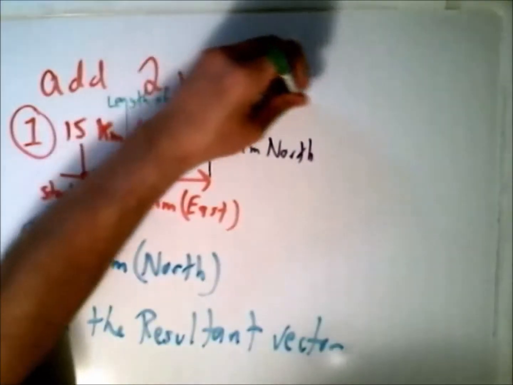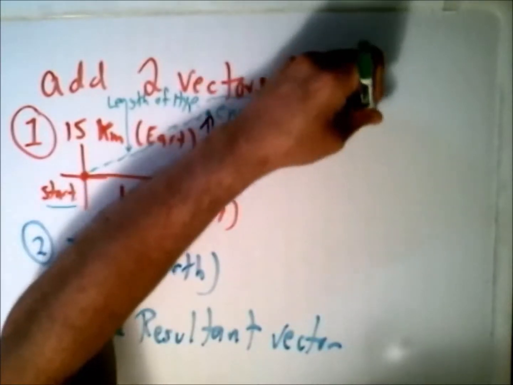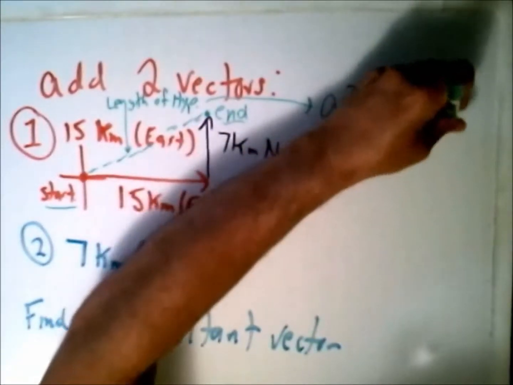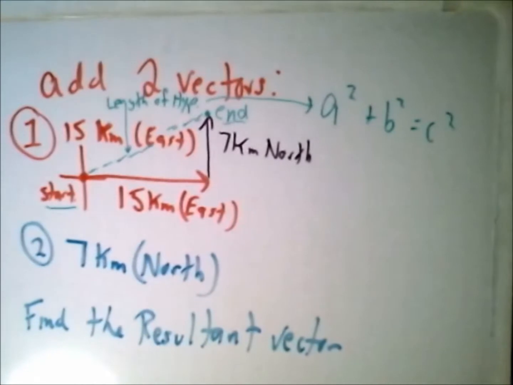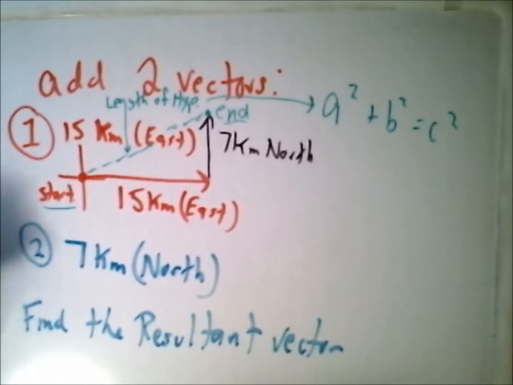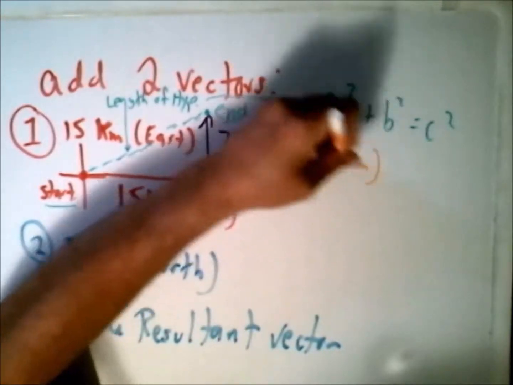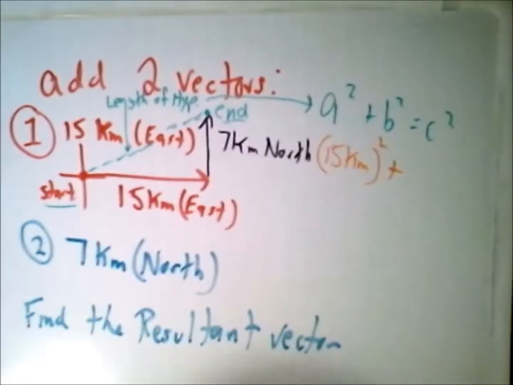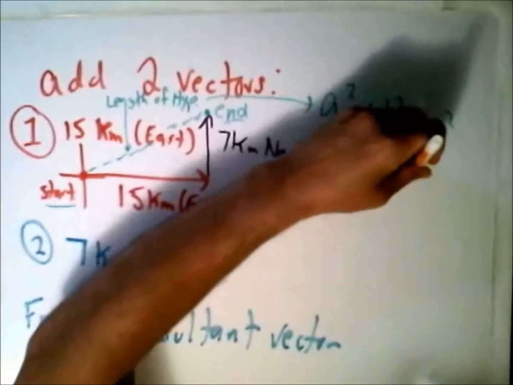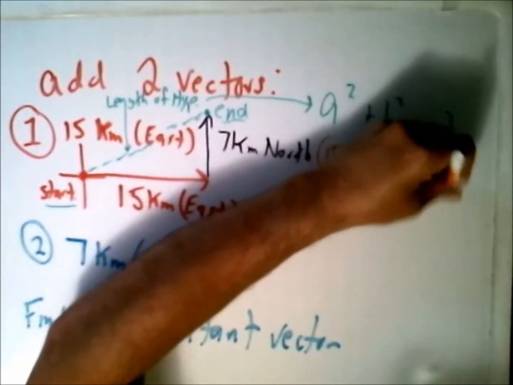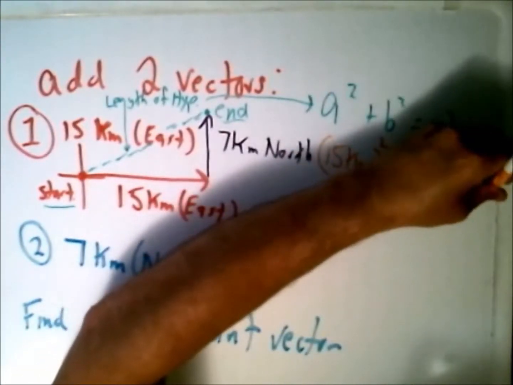The Pythagorean theorem. So I'd use this formula, a squared plus b squared equals c squared. And I'd go and I'd plug it in. So let's say a is the base, it's 15 kilometers. I'm going to square that. Plus, what is b? B is the height, it's 7 kilometers. I'm going to square that, equals c squared.